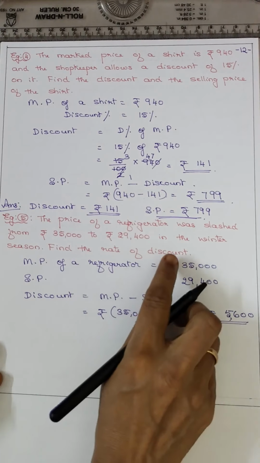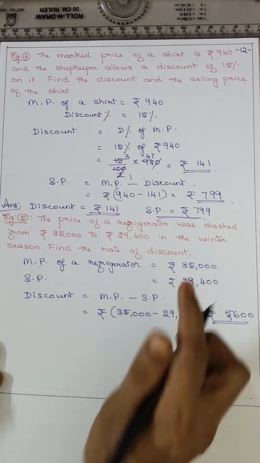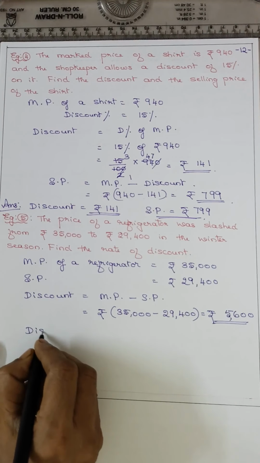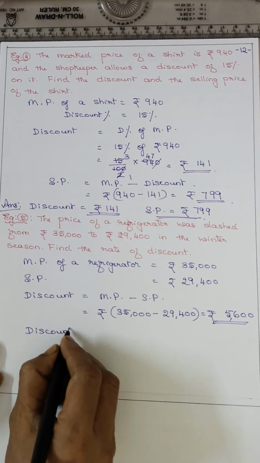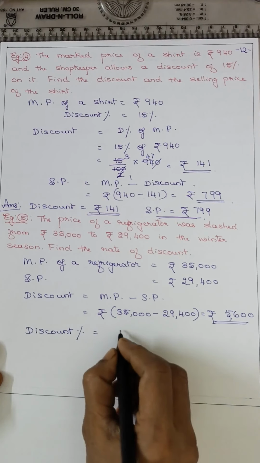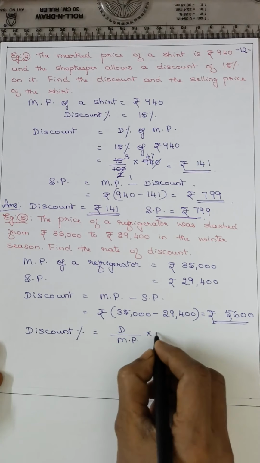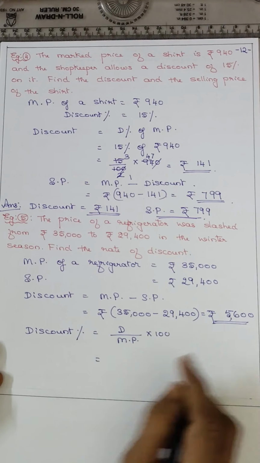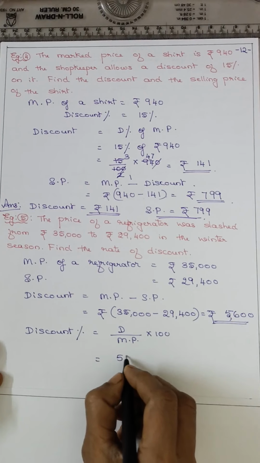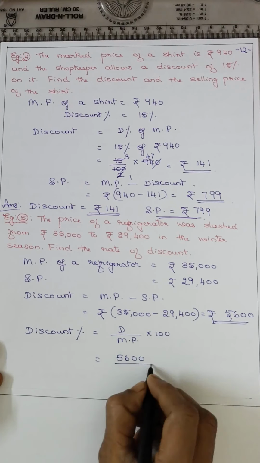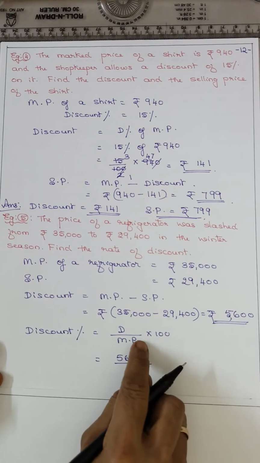5,600. Now they have asked rate of discount, means what? Discount percent. What is the formula? Discount upon MP into 100. What is the discount? 5600 upon MP.